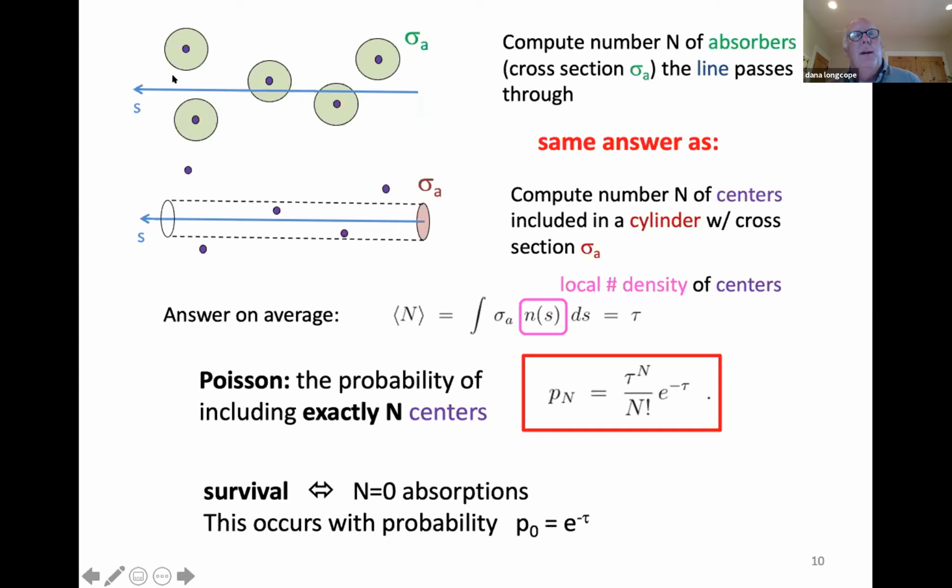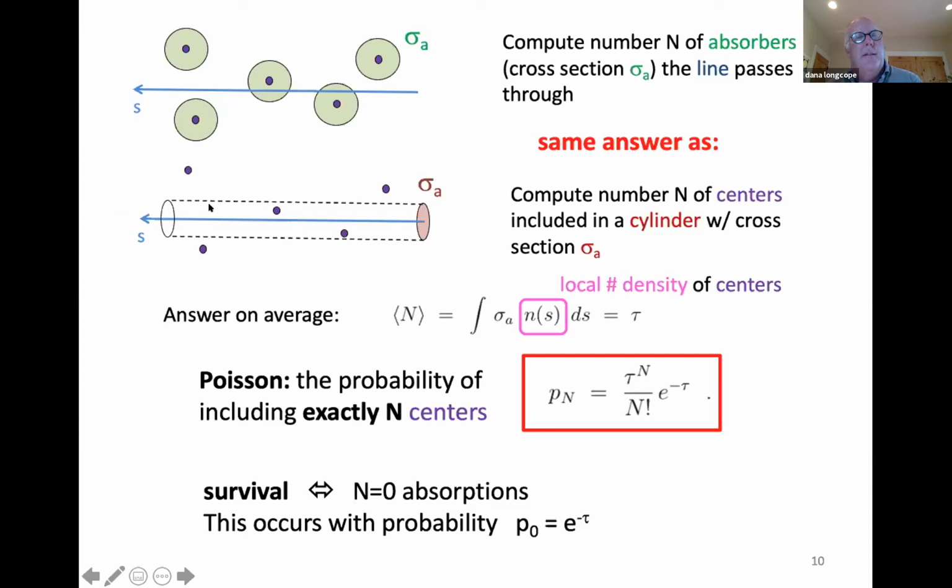what you want to do is figure out how many times you're going to collide with something if you go through a certain path length. And here are all the little objects you could collide with, and each of them has a cross-sectional area of sigma A. There is something in the radiative transfer equations, but also done in a lot of physics, where you answer that question by creating a different question: if I just look at the centers of these objects I could collide with, and imagine a cylinder around my path that has cross-section sigma A, it's the same as how many points are in that cylinder.